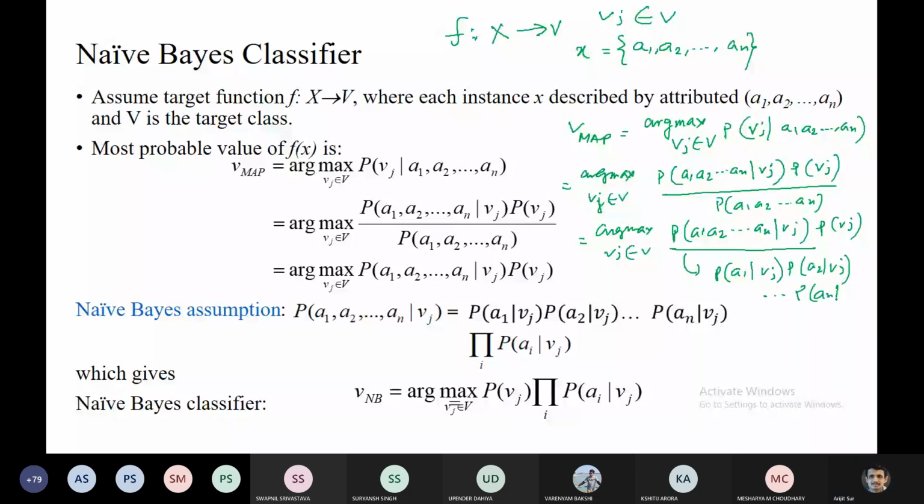So we put it here. You can write this multiplication as the product over i of P of ai given Vj. So argmax over Vj of P of Vj into this. Get it? This is how it comes, which gives the naive Bayes classification from the MAP point of view.